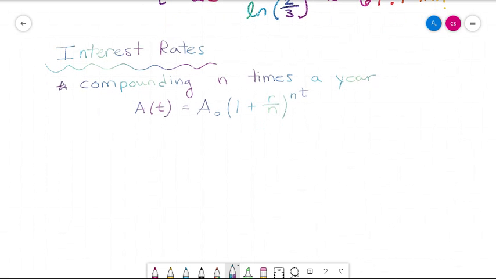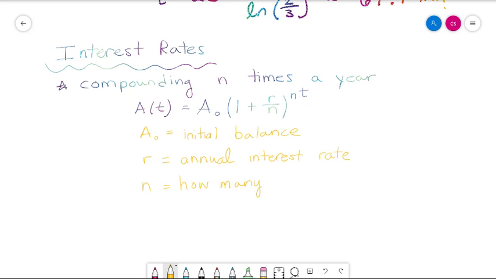So let's talk about what all these variables mean. A naught, A0, is the initial balance. R is the annual interest rate. N is how many times we're compounding each year.